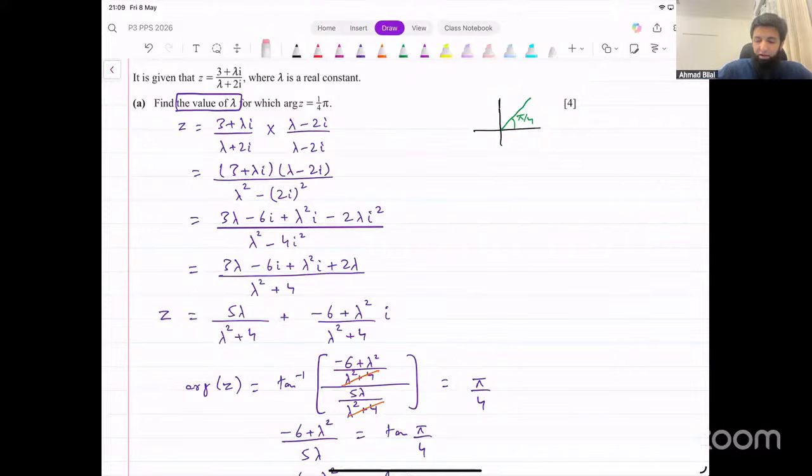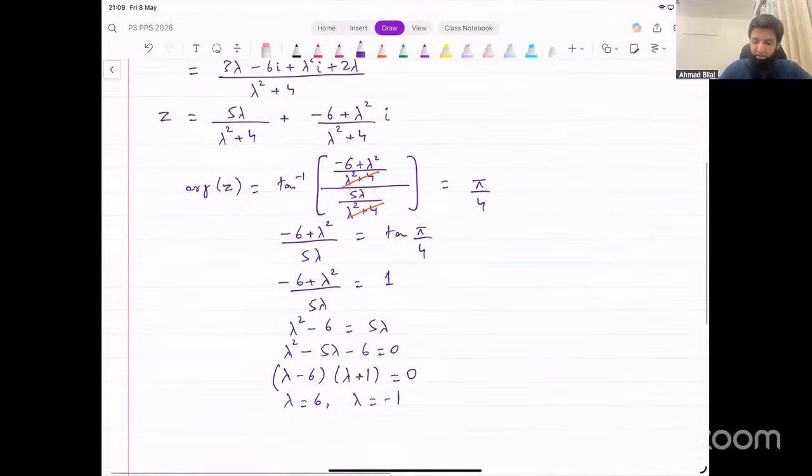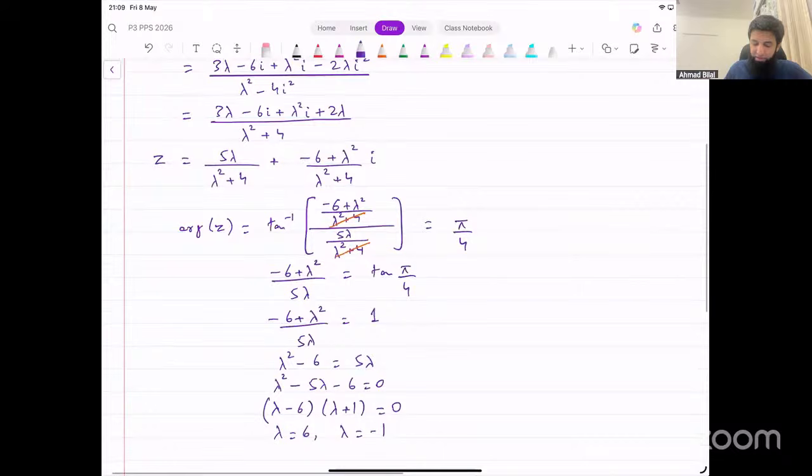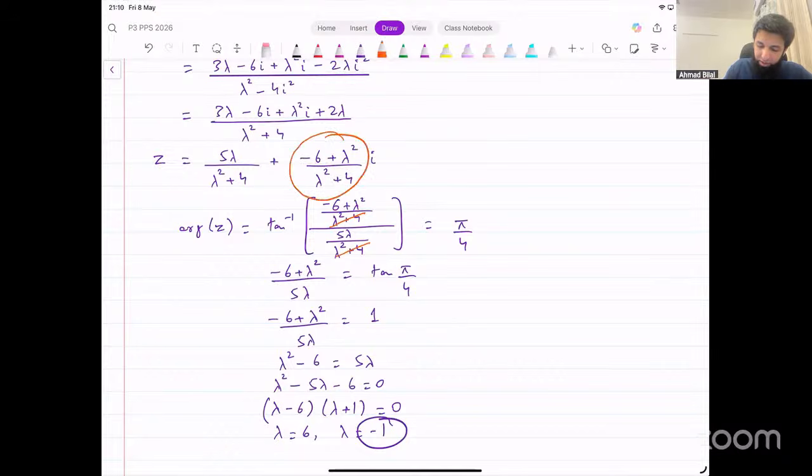In the first quadrant, that means the real part should be positive and the imaginary part should be positive. So we can just check if any of them is giving us a negative real part or a negative imaginary part. Let's check for that. If we put minus 1, however, the imaginary part here becomes negative.